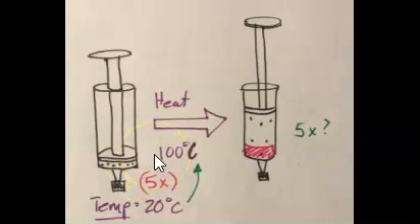Okay. So if we assume that we have a gas at room temperature, 20 degrees is often accepted as room temperature, and we submerge this into a beaker of boiling water, 100 degrees Celsius. We put it in a beaker of boiling water because that way it's consistent rather than just heating up the sides of it with a Bunsen burner, for example.